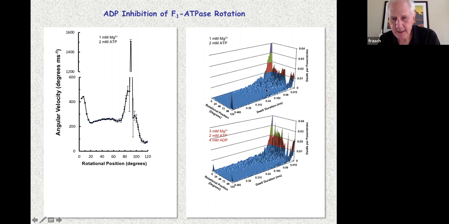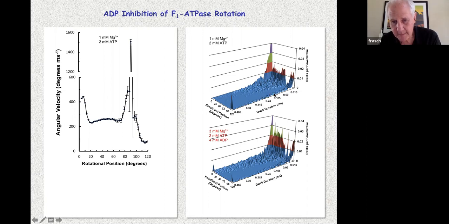And so here, this is at 0, and then this is the dwell duration, and in the vertical is how often the dwells occur. So you can see here, it's easy to see that this comes down and is scooped down as far as dwells go.